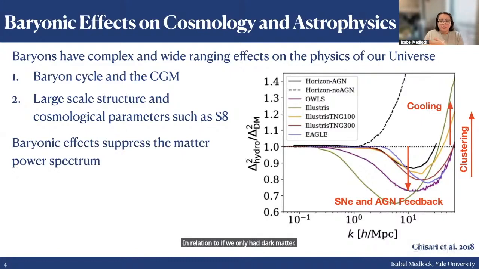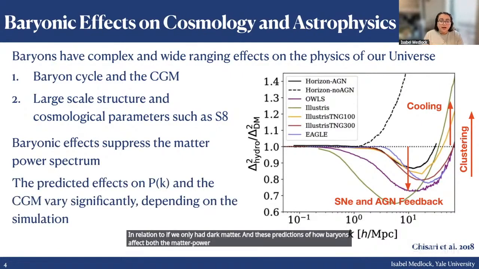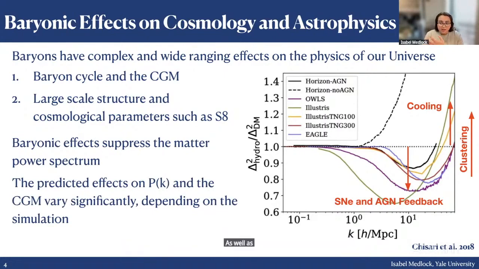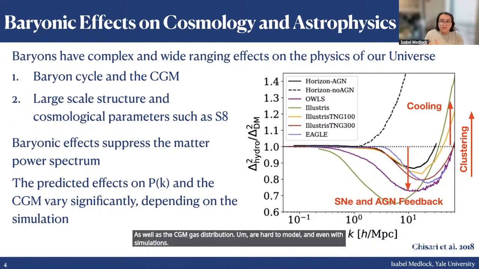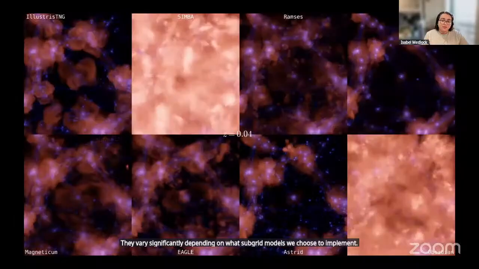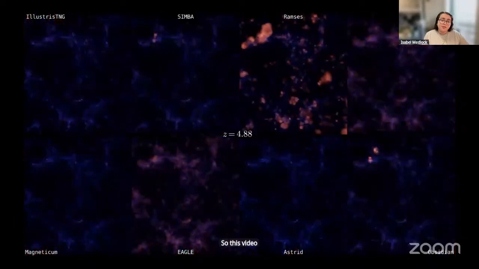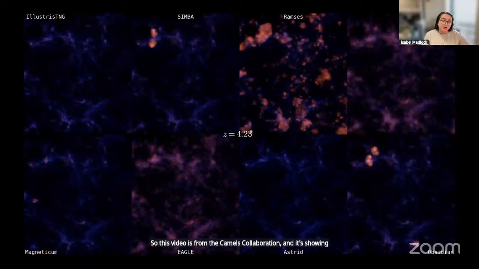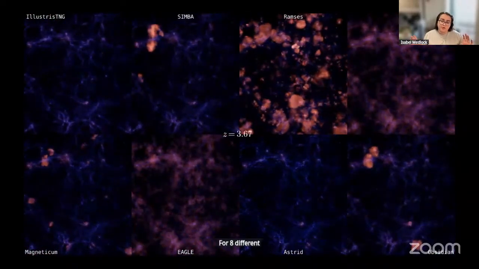And these predictions of how baryons affect both the matter power spectrum as well as the CGM gas distribution are hard to model. And even with simulations, they vary significantly depending on what subgrid models we choose to implement. So this video is from the CAMELS collaboration, and it's showing an example for 8 different subgrid models.